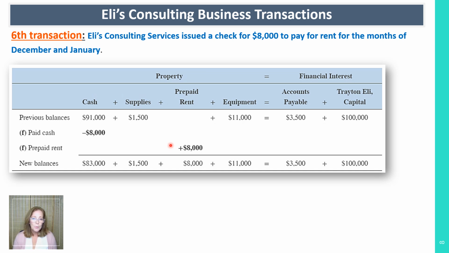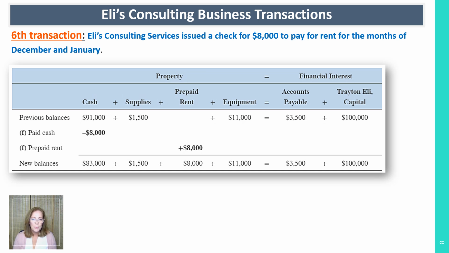For part two, we need to also reduce cash by $8,000. So let's write minus $8,000 into the cash column. And let's double check that our equation still balances. Cash, supplies, prepaid rent, and equipment total $103,500. And so does the financial interest side of the equation, which means that we still balance.